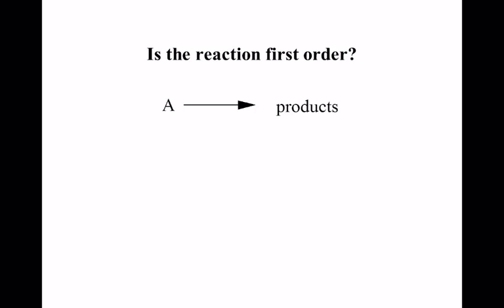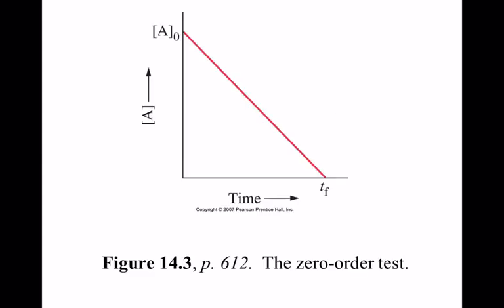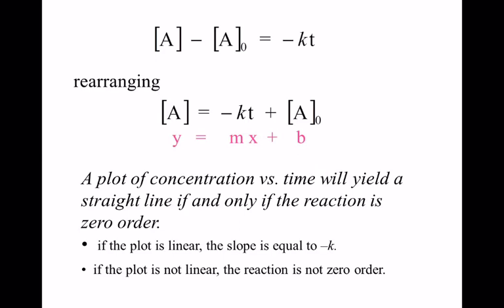So that's zero order. First order is going to be another one, and we're going to do it up to second. Actually, let me go ahead and put down here.